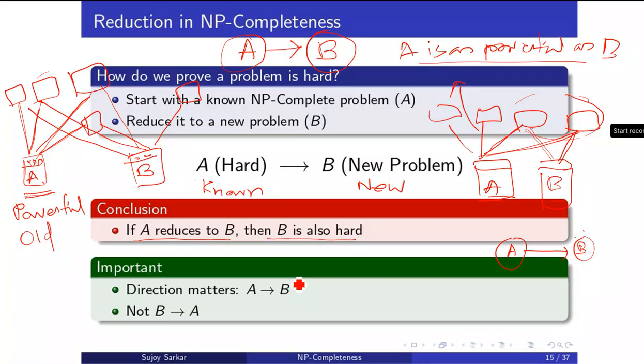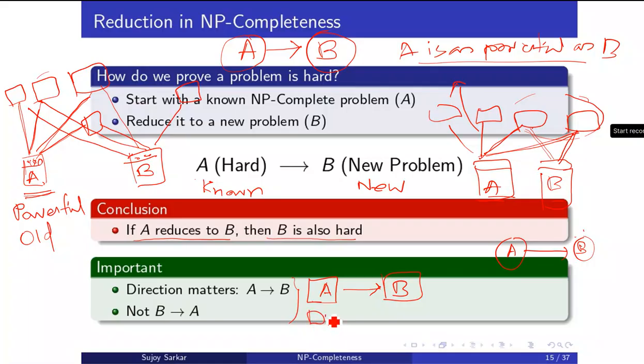Sometimes you get confused, so remember this analogy. When we are reducing A to B, whatever input of A, B can handle. Right?